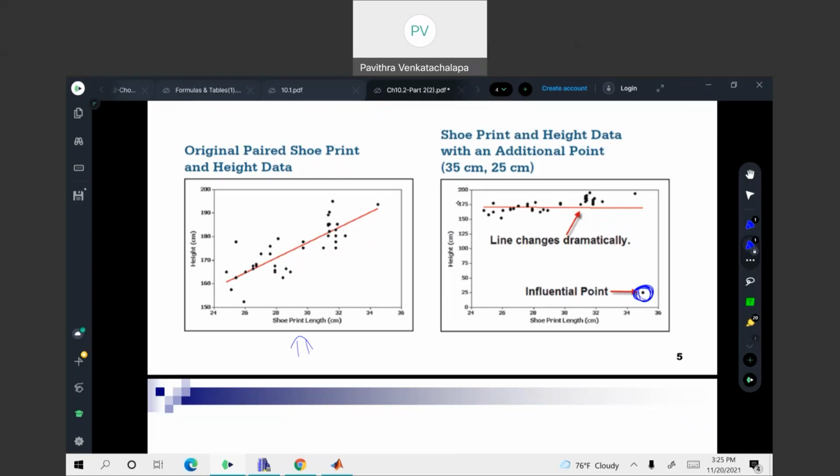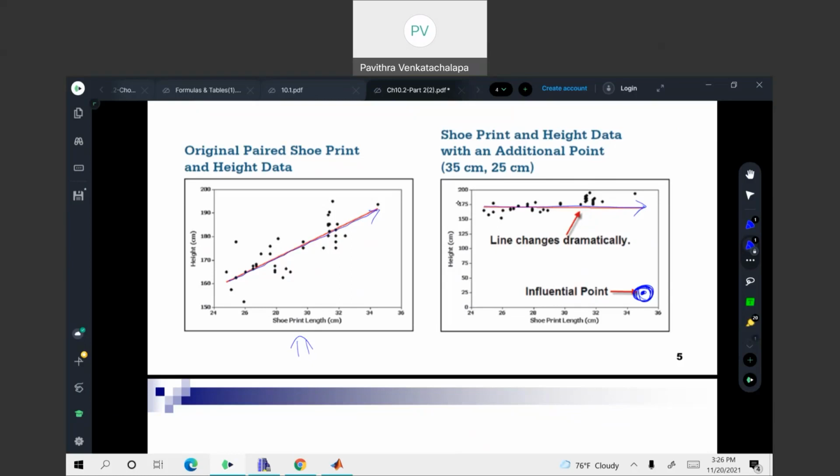Suppose there is a point here which is far away from the other data points. You can see the difference in the diagram, right? Here it was increasing and it was a linear relationship. Here also you have a straight line, but it is a horizontal straight line.